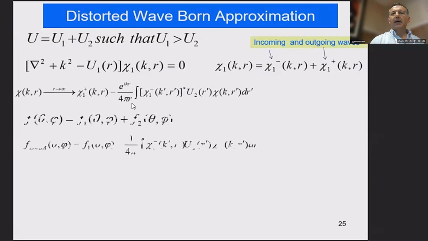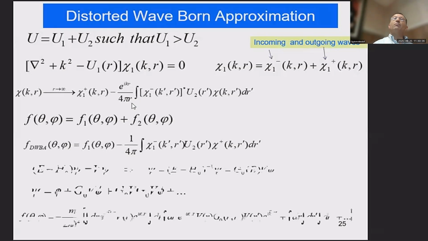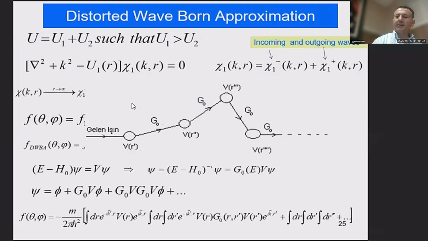Now, if you have more than one potential, for example, a particle is coming, hitting the target, and passing through. This is the initial wave function, affected by the potential, and this is the scattered one.